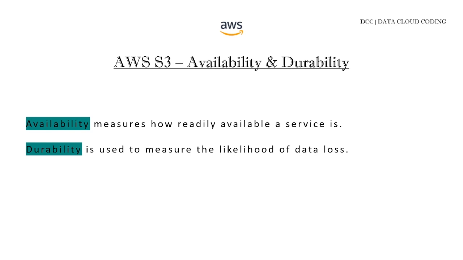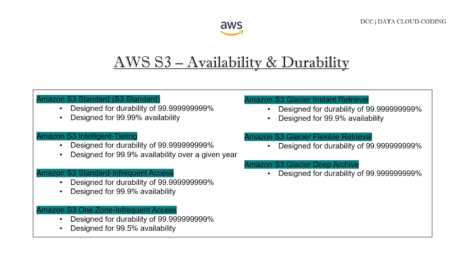In all the storage classes, we can measure durability and availability, which are the highest in AWS S3 Standard. That is, we get a durability of 11 nines in S3 Standard and an availability of 4 nines. In S3 Intelligent-Tiering, we also have quite high durability, and availability is also pretty good, which is 99.9% over a given year.